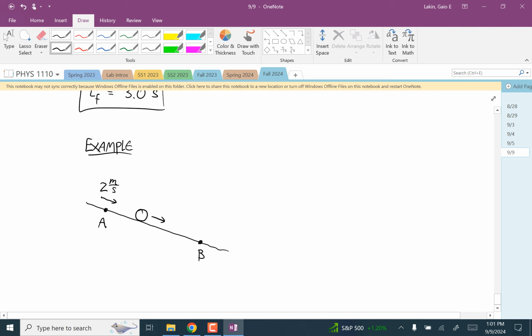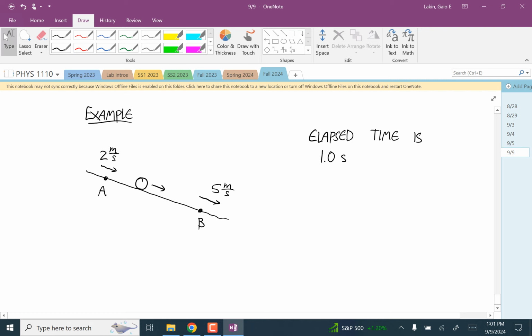I mean, unless there's a lot of friction for some reason. But I'm going to say that this is 5 meters per second when it gets to B. And let's say that we're given that the elapsed time between those two instants is 1.0 seconds. And we want to know what's the distance between the points A and B.